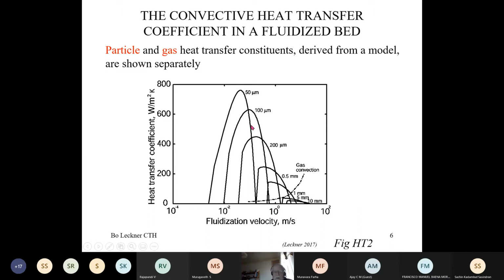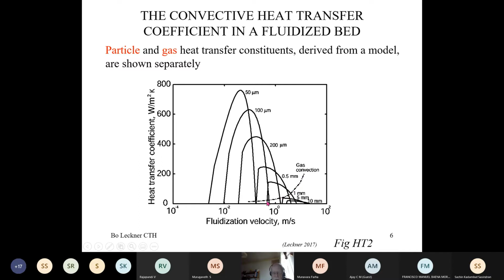There is an important thing that there is a maximum heat transfer, and this maximum depends very much on particle size, as you can see here. Very fine particles have a very high heat transfer coefficient compared to the larger particles, like 0.5 millimeter particles and larger. This is particle convection heat transfer because of the movement of the particles. But then there is a gas convective also, which follows this curve.